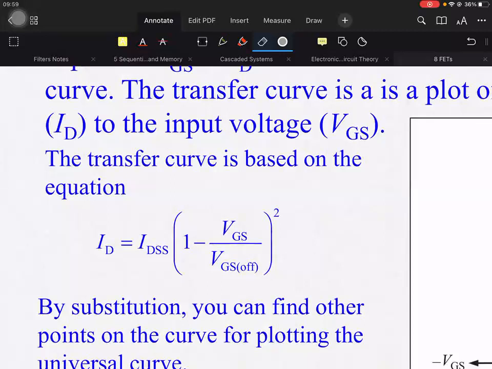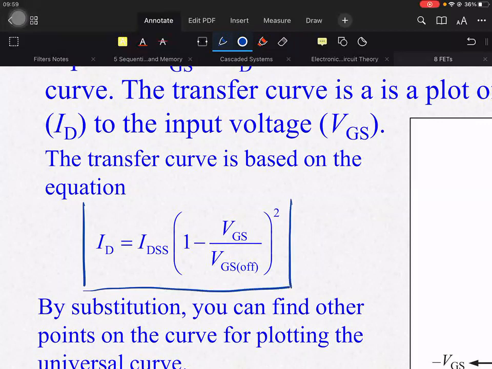Those formulas, apat nito sa kabuok. Napay isa, RE is 26 millivolts over IE. For the FET, or at least for the JFET, this is the only formula that we're going to memorize. How to solve for ID.